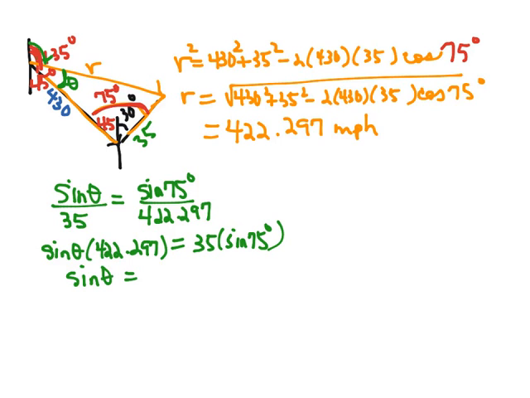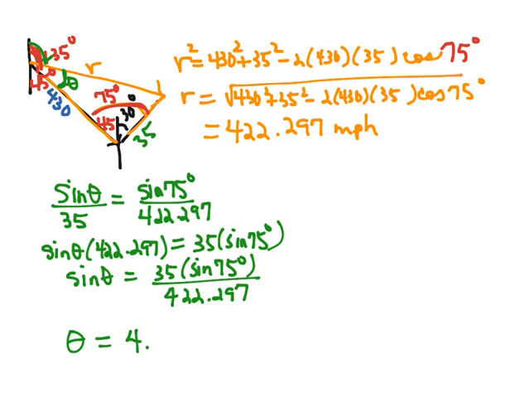So the sine of theta is 35 times the sine of 75 divided by 422.297. So theta would be the arc sine or inverse sine of 35 times the sine of 75 divided by 422.297, which if we enter that in our calculator is 4.592 degrees.